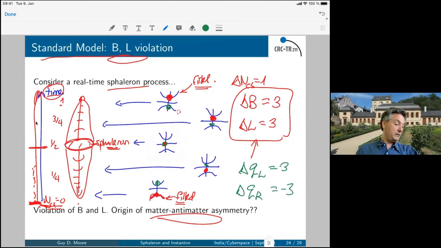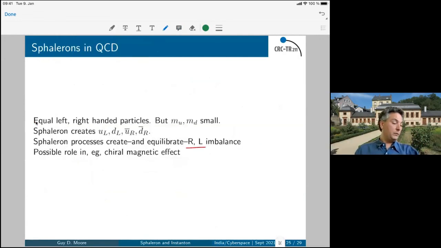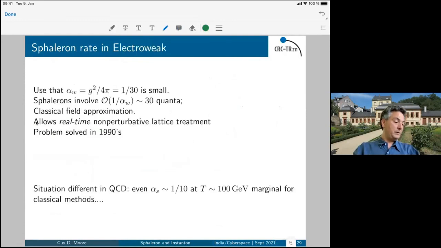Well, this isn't 3 anymore because it's N_F. So in the QCD version, you have N_F transitions in left-handed and minus the same number in right-handed, and so you create a chiral imbalance of fermions, or you relax a chiral imbalance. So if somehow you got a chiral imbalance, then the same processes would be a relaxation process for it. So it's also physically important in QCD.